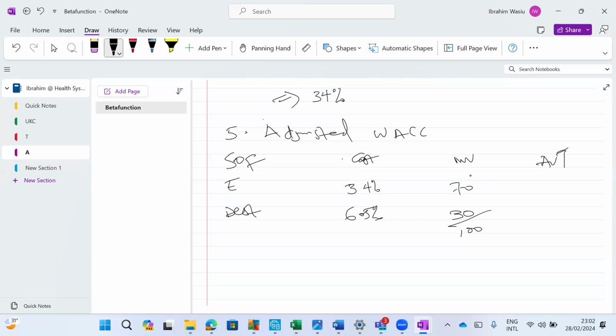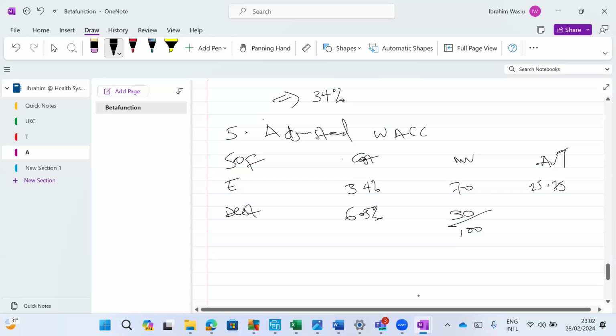Let me multiply this by our market value. 34% of 70, what do you have? 23.8. What about 6.5% of 30?